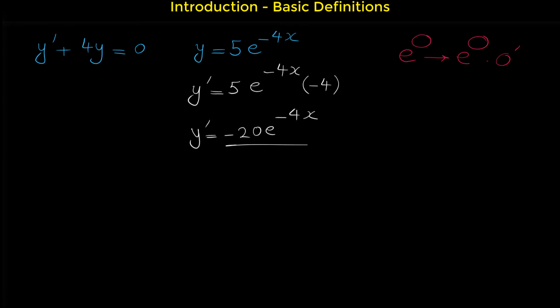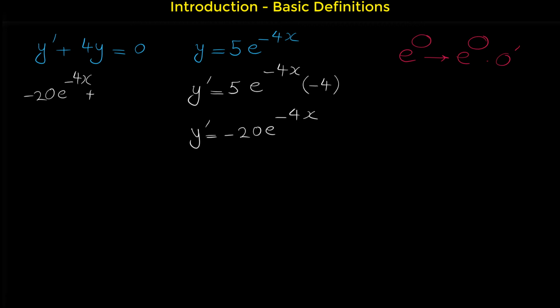Now if we substitute this for y prime here and this expression for y, it should equal 0. Otherwise, this is not a solution. Y prime is negative 20 e to the negative 4x plus 4 times y.